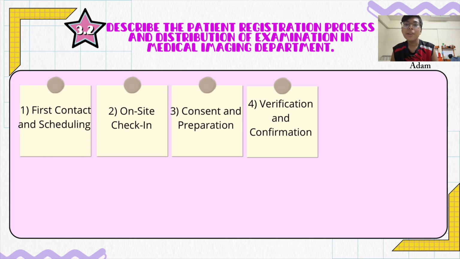First, assigned to imaging modalities like CT scan. Second, scheduling and workflow management. Third, patient preparation and guidance for examination. Fourth, management and reporting of data.